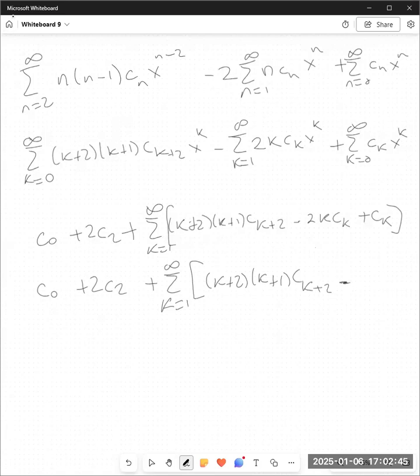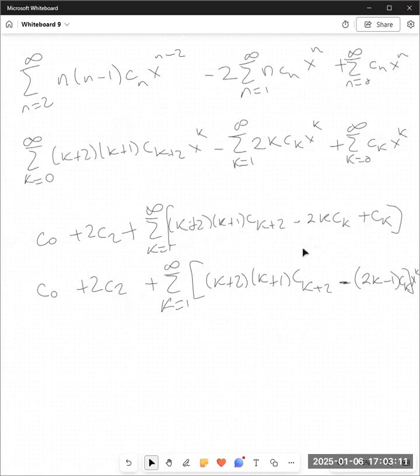And then you're going to pull out a minus 1 and be left with (2k minus 1) c_k, and then that's an x to the k on the outside. All right, that is the last problem in this section.